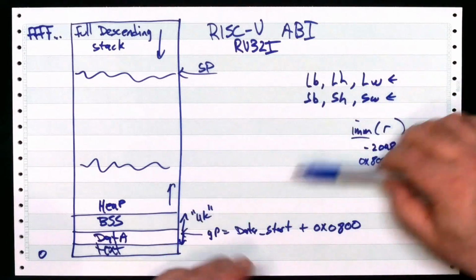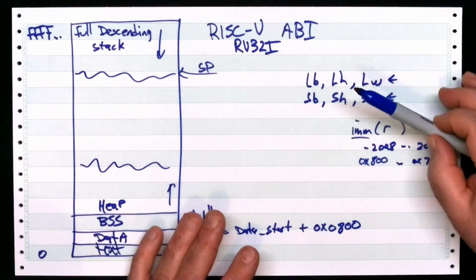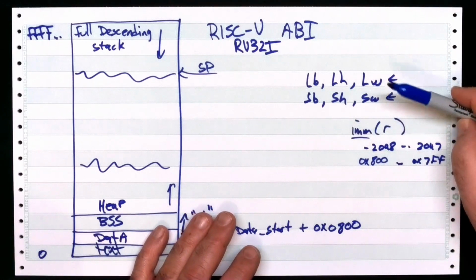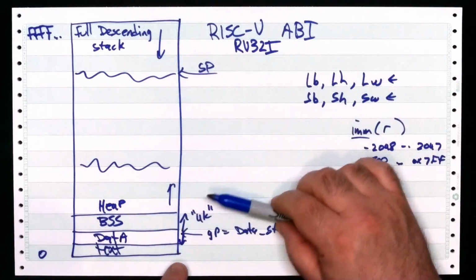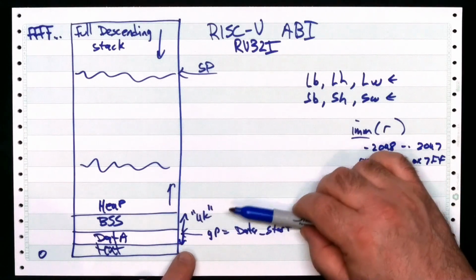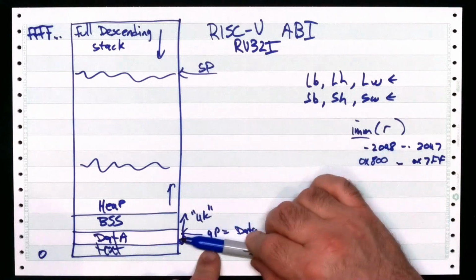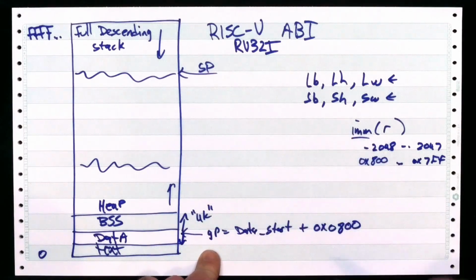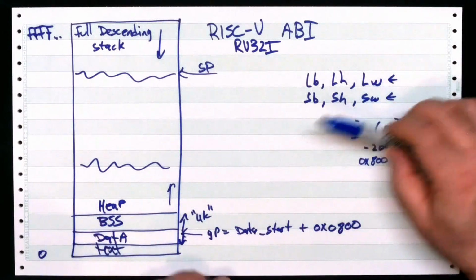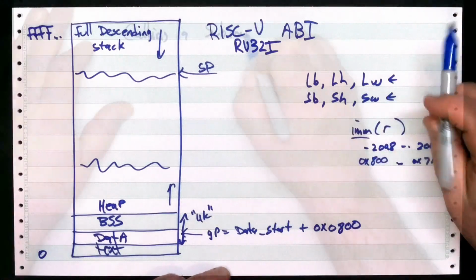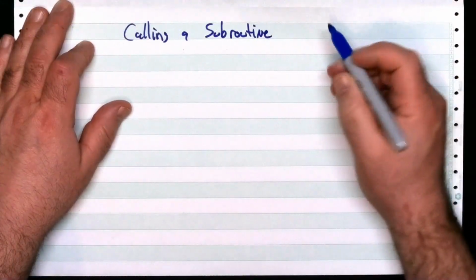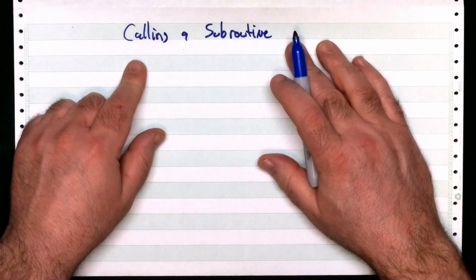So this is the theme we use to get around in memory when we don't have the ability to say 1 megabyte off of the GP register and reach up there directly. We just use the add instructions and other ones to calculate a new value. All right, so let's look at what we do to call a subroutine now.